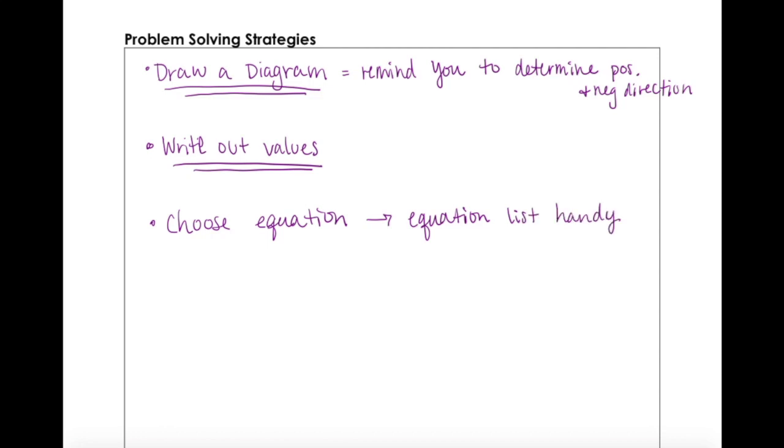Okay, and I will always provide you the equations list, like if we were having the tests in school, I would give you the equations. So just make sure that you know how to read them and use them properly. And like I said, you have to make sure that you have 3 of the variables in order to find the 4th. Okay, and just some general tips.